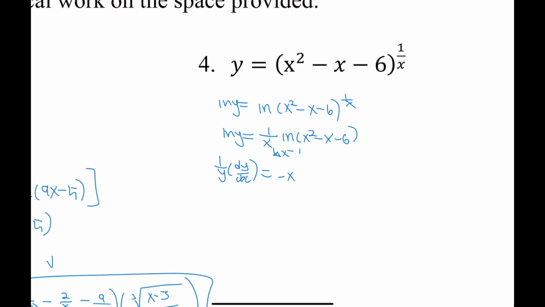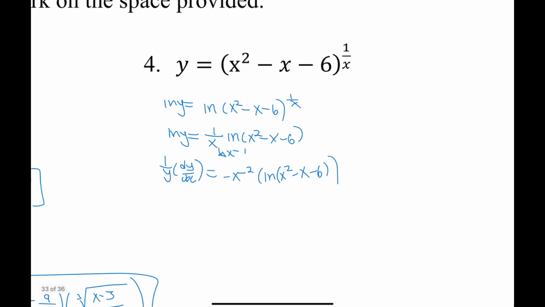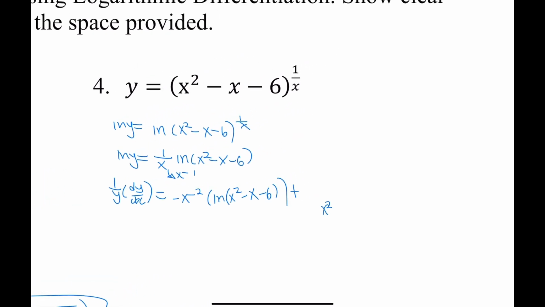It's negative 1 x to the negative 2 times ln (x squared minus x minus 6), and then plus 2x minus 1 over x squared minus x minus 6 times 1 over x.